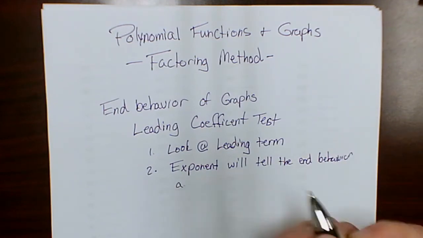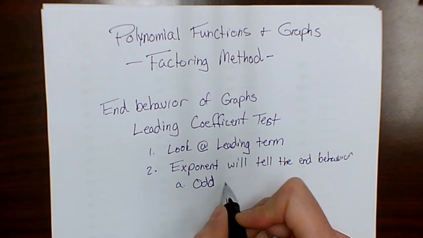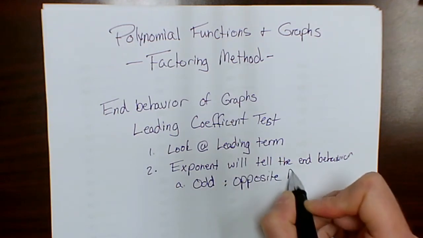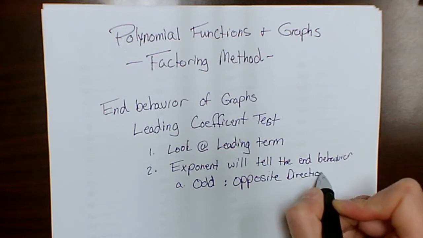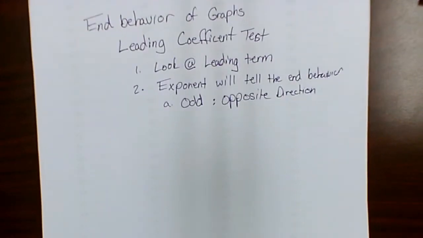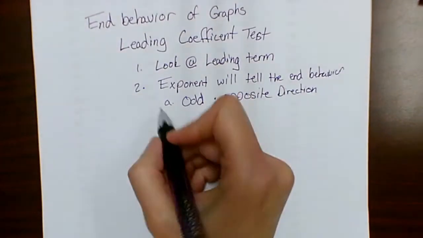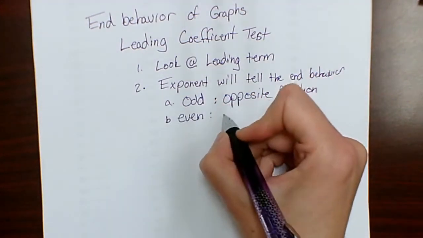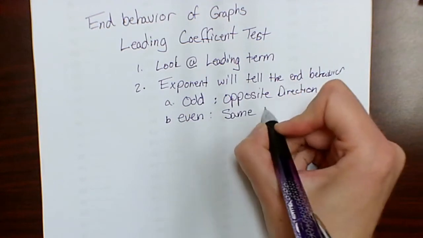For instance, if the exponent is odd, then we will have opposite directions, so one end will go up and the other one will go down. If the exponent is even, they go the same direction.